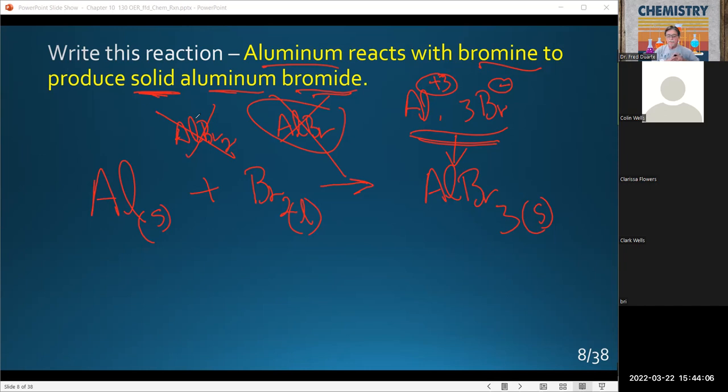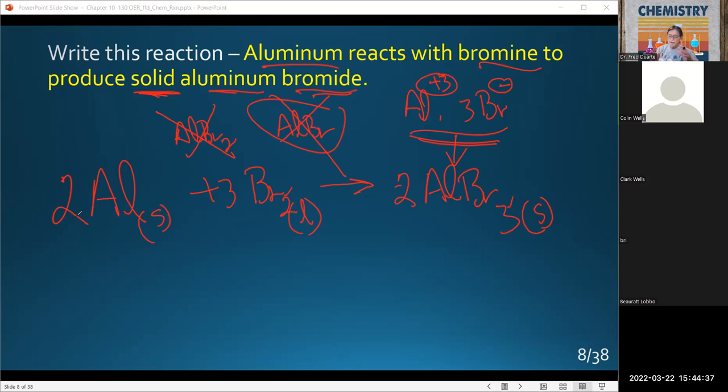Okay, now we have the chemical reaction, and now we've got to balance it. Notice something: we've got a 2 to 3 relationship like we had earlier. So we can simply find a common number, which in this case is 6. So we put a 3 in front of bromine and a 2 in front of aluminum bromide. That balances our bromides, or Brs, but that kicks up the aluminum, so we can simply go to aluminum and put a 2 in front of it.